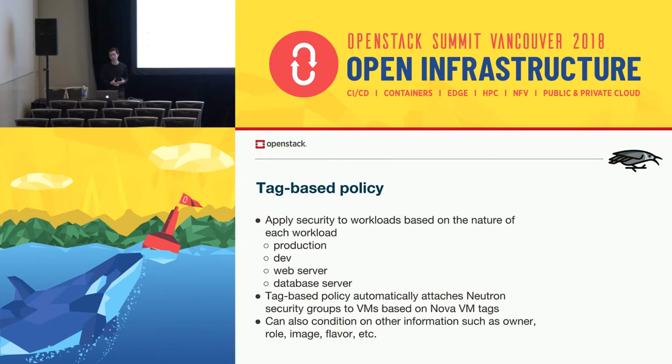Production, is it dev, is it a web server, etc. Now, Congress supports this use case by automatically attaching Neutron security groups to VMs based on Nova VM tags. And with the flexibility of the Congress framework, we can also condition policies on all sorts of other metadata, such as owner, role, image, flavor, topology, and so on, not just the tag itself. But that's a good place to start as an example.